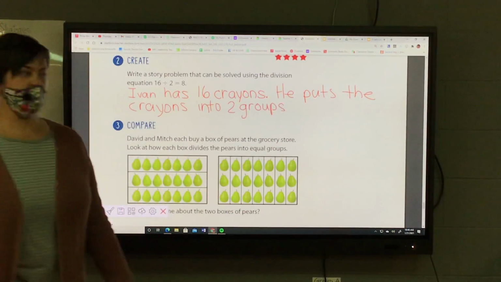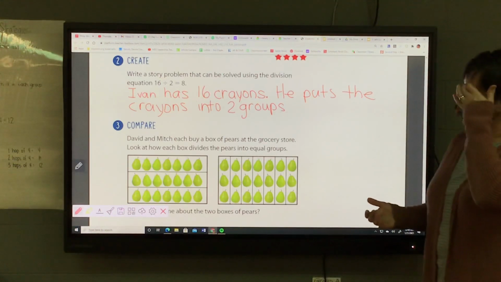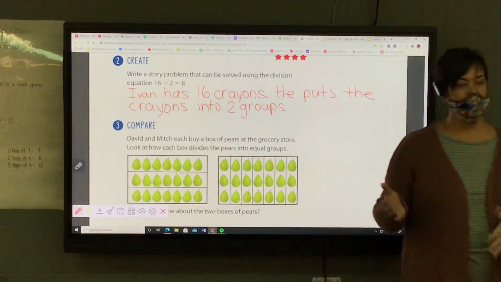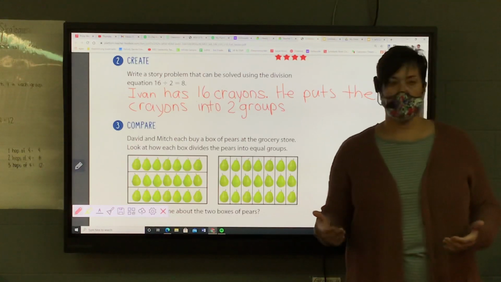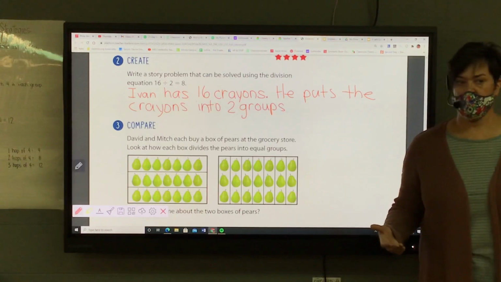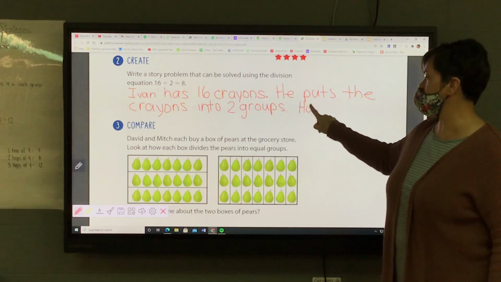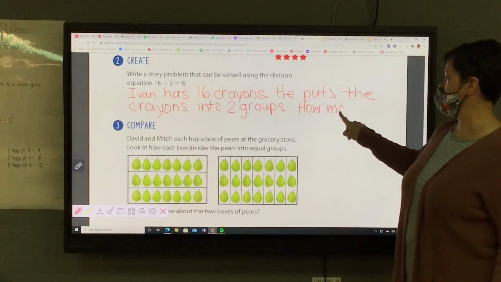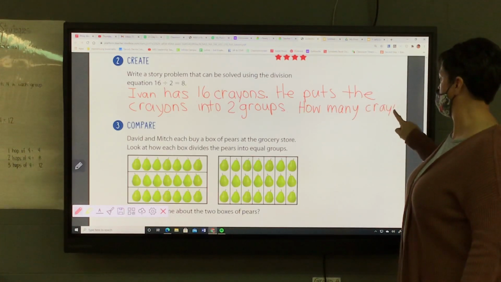Now, do story problems always have a question that we have to answer or something that we have to solve for? So what could the last part of our story problem be? Let's turn it into a question. How many, what are we talking about? Crayons.